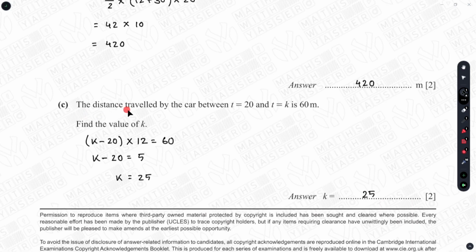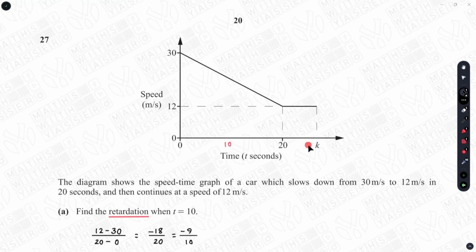Then it says the distance traveled by the car between t equals 20 and t equals k is 60 meters. Find the value of k. So they have already provided us with the distance, which is actually the area under the graph. All we need to do is find the value of k. We also know the height of this rectangle, which is 12.